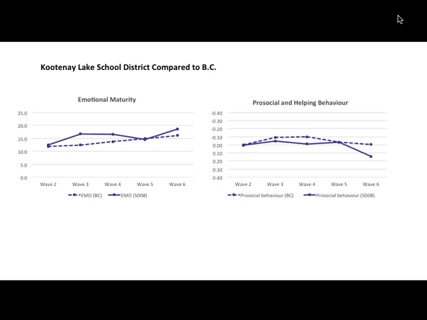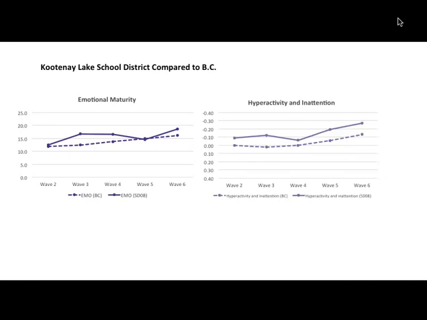But it's definitely not the same pattern as emotional maturity as a scale overall. So this is one subscale where Kootenay Lake tends to be doing a little bit better than the rest of the province. If you look at the other ones, hyperactivity and attention, Kootenay Lake is doing worse than the province as a whole, and is still increasing at about the same rate as the rest of the province.